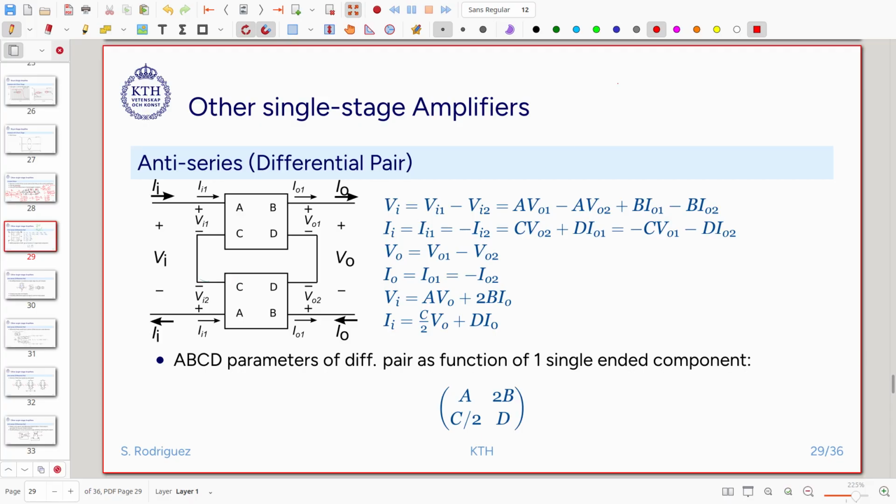So conceptually, we can draw these as transistors if we want to visualize this as two amplifying devices. One will look like this, the other will look like this.